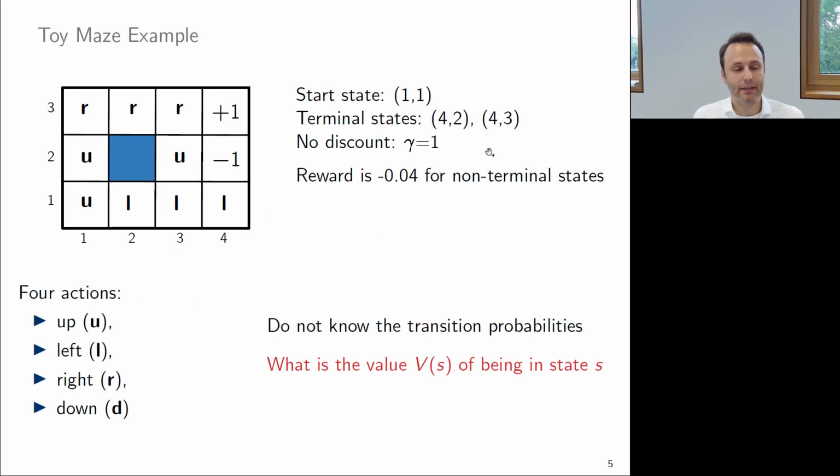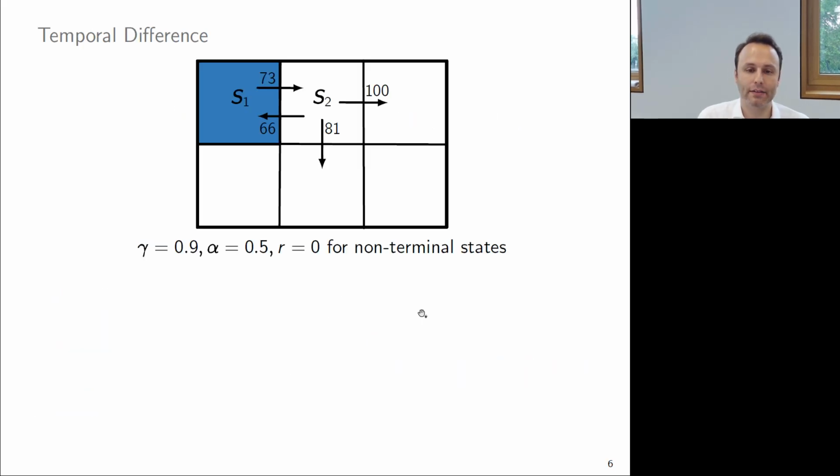Now, to fix ideas, let's take a look at our grid world example. Here we had this policy already on the grid, but to just show how this step-by-step updating goes, let's zoom in and look at just two states and the transition between the two states.